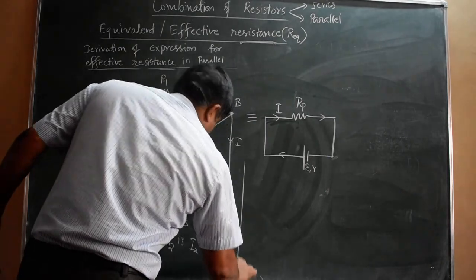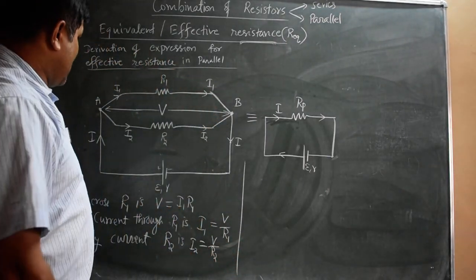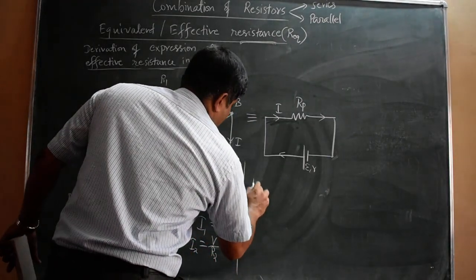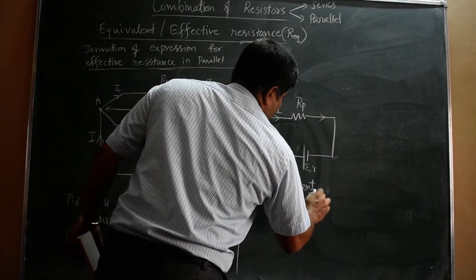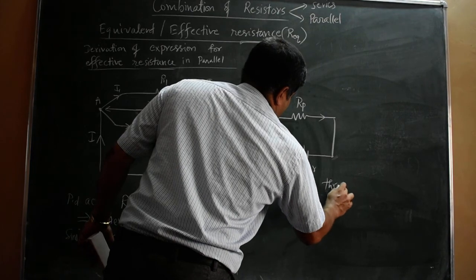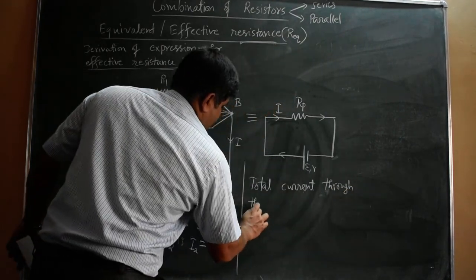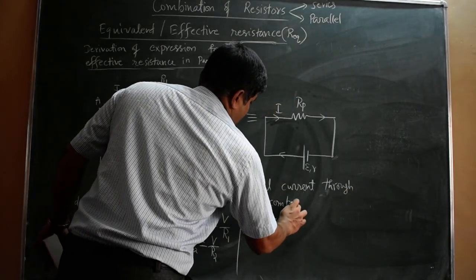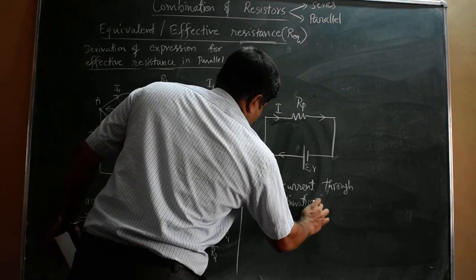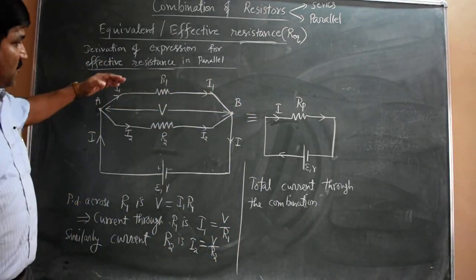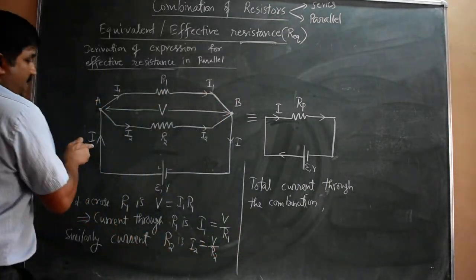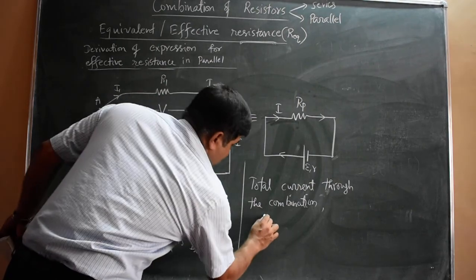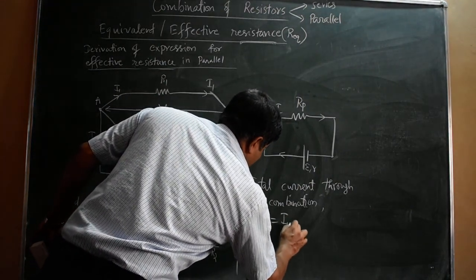Now the total current through the combination: the current through the first resistor is I1, the current through the second resistor is I2. So the current I equals the sum of the two currents, I equal to I1 plus I2.